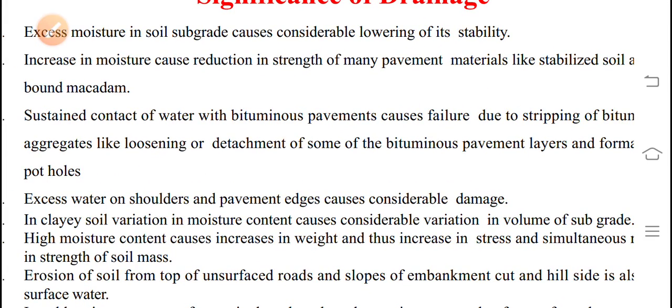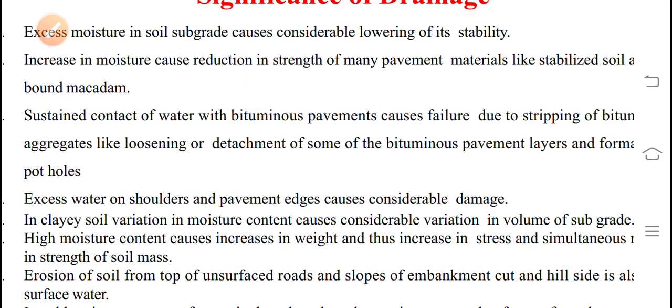Next point, sustained contact of water with bituminous pavements causes failure due to stripping of bitumen from aggregates, like loosening or detachment of some of the bituminous pavement layers, and forms potholes. You must have observed soon after or during the rainy season, water will be stored in the form of a pot. That is nothing but potholes.